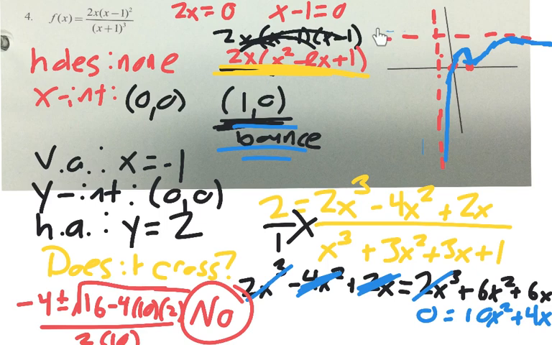There would be another x-intercept. It would have to cross the x-axis somewhere right here. But I know it doesn't. Therefore, it must always stay above, like that. So this would be what that graph would look like.